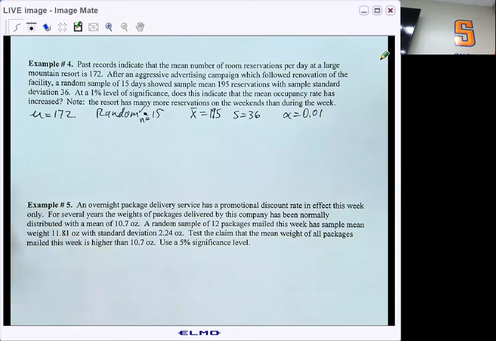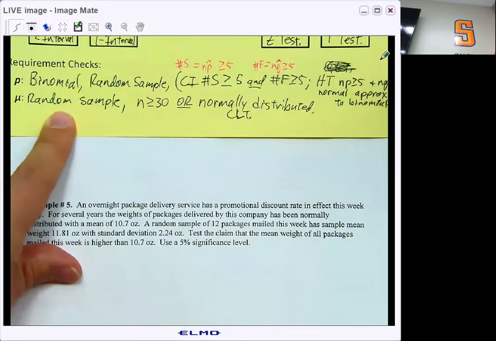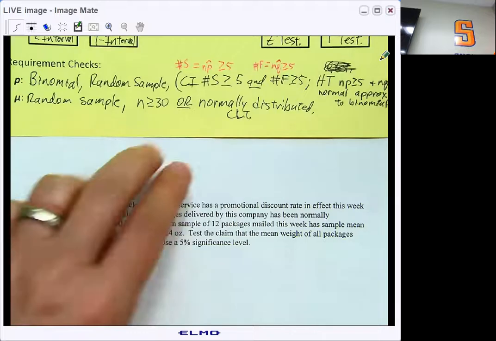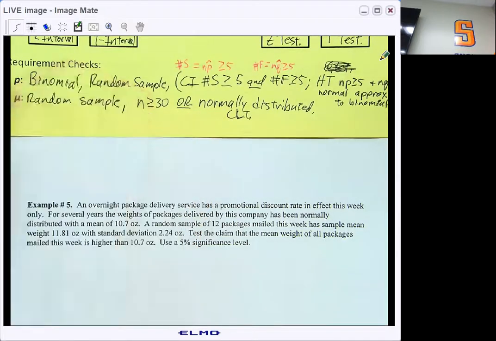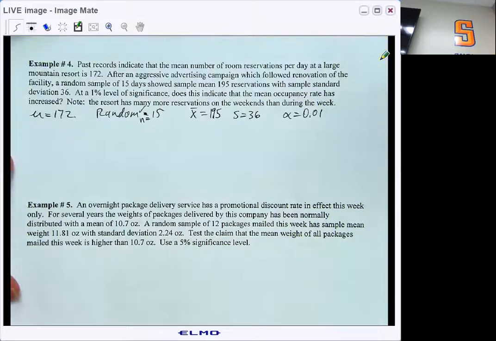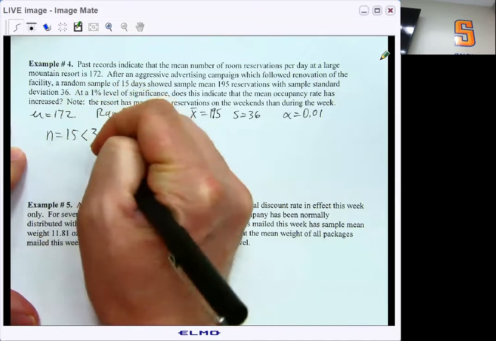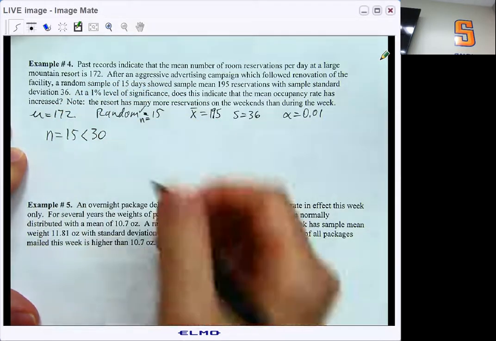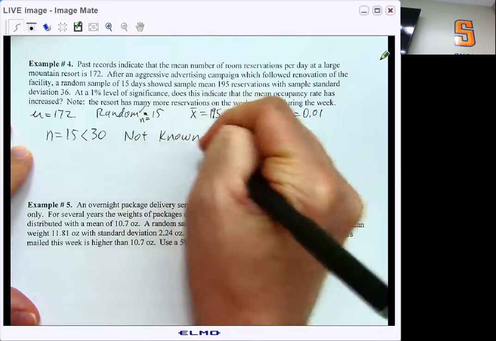And the answer is no, because having a random sample is important, but you also need to check the second requirement. Is n greater than or equal to 30 or normally distributed? In this case, no, n is 15, which is less than 30, and it's not known to be normally distributed.